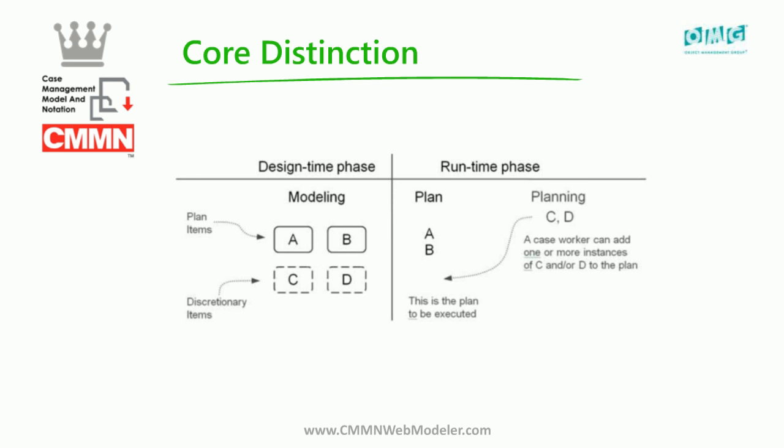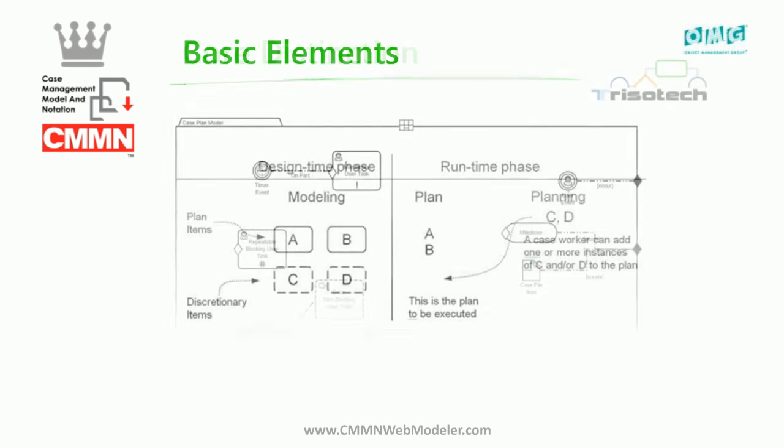In CMMN, we separate the design time and the execution or runtime phase into two separate phases, where it's possible to define a model at design time and at runtime to modify the model on the fly. So we can add new activities, we can add new things to be done at runtime within CMMN, which is not really possible within BPMN. So that's another major distinction of CMMN here.